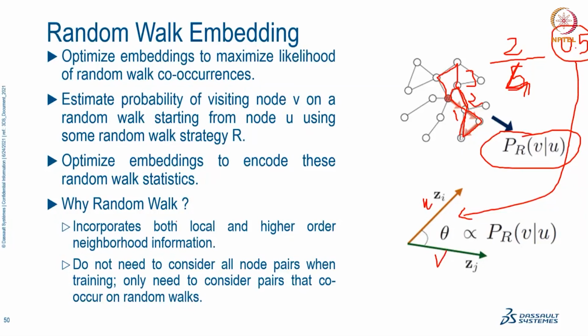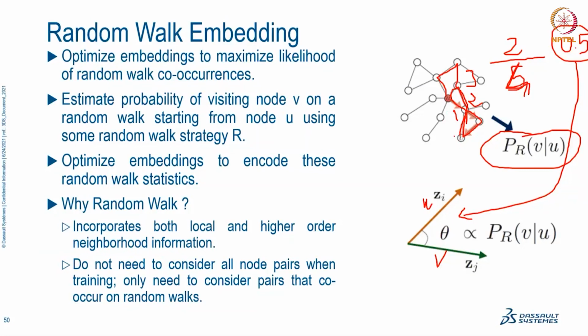The main advantage of random walks is that as it is random, we can incorporate both local and high-order neighborhood information. For example, in this case we went to a neighbor's neighbor and then reached V. In some cases we get to V in just one hop. So we are able to aggregate the features of far away neighbors as well as nearby neighbors, purely based on random paths.